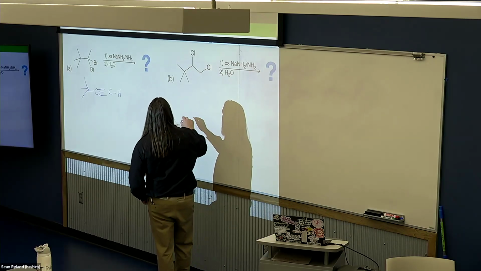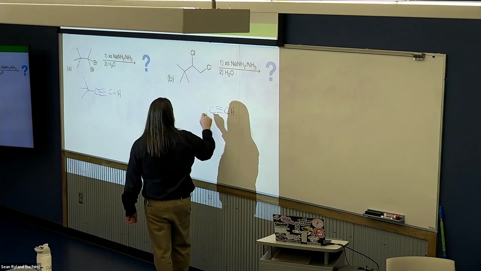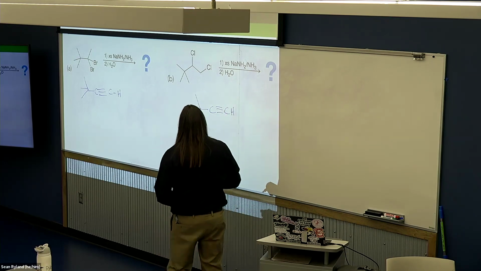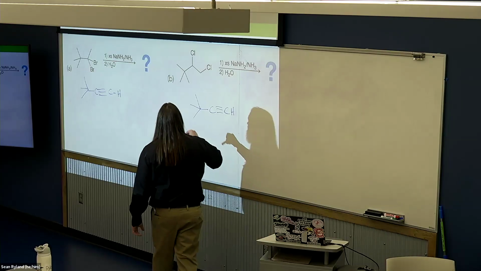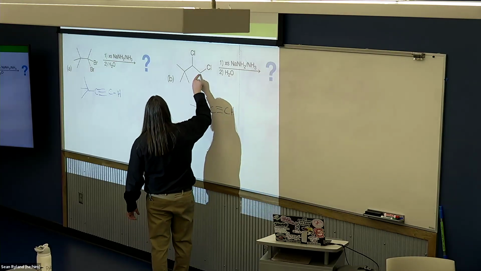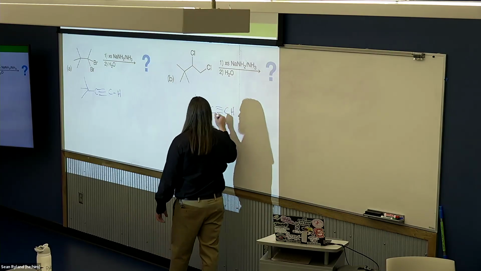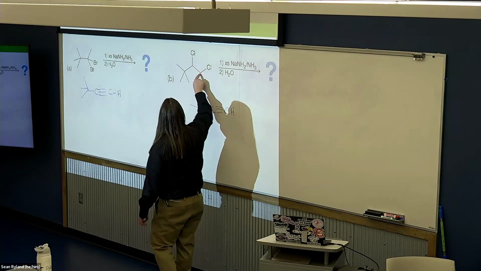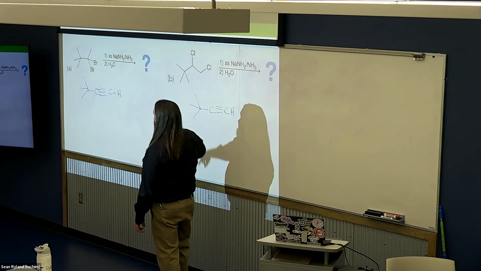So we'll actually get the same product. And it's never a bad idea to double check your number of carbons, because when you go from drawing them as angles to drawing them in a straight line, it's easy to add one or lose one. 1, 2, 3, 4.